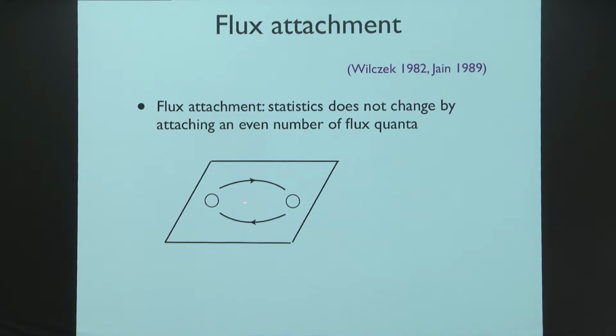Say if we take two fermions and exchange them adiabatically, we get a factor of minus 1.